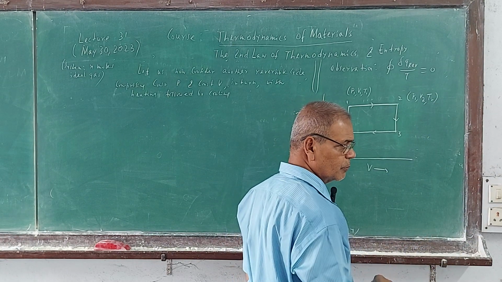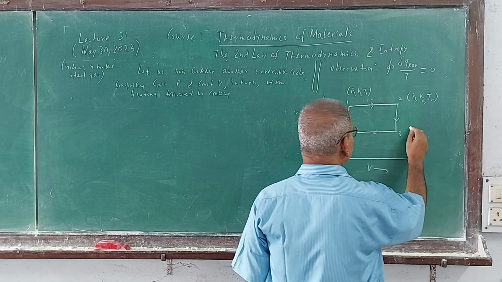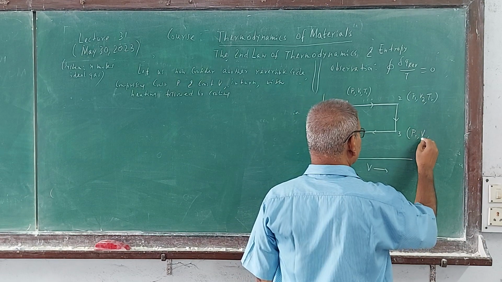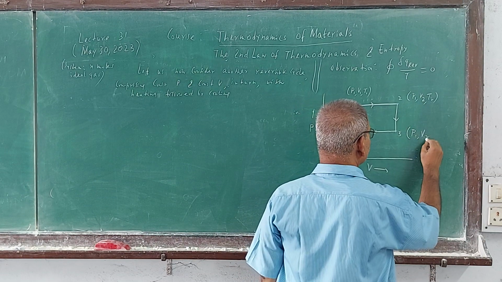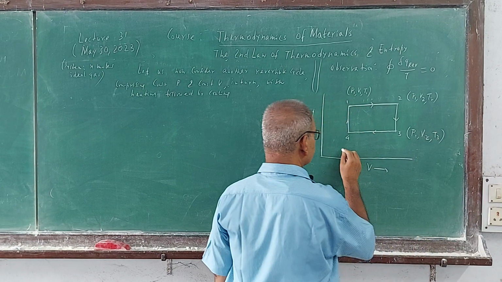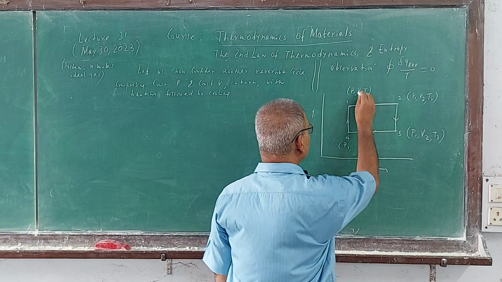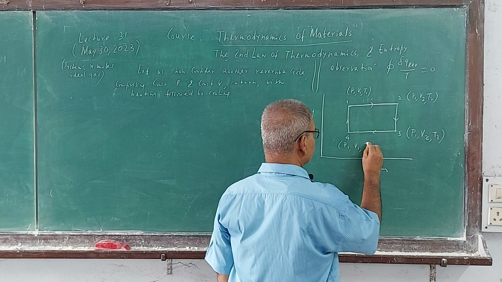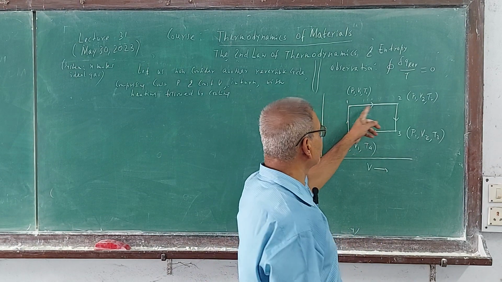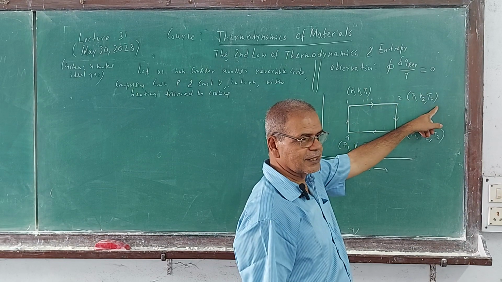The initial state is P1. Then next would be, since constant pressure cannot change, P1, but volume must change, V2, and temperature changes. Second is again constant pressure, P1, volume is the same, V2, temperature is again changed, and last is pressure the same, P1, volume is back to V1, temperature has changed. Why has temperature changed? Here pressure is constant, volume has increased, so temperature has increased.